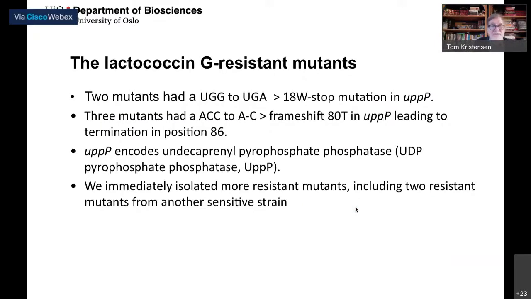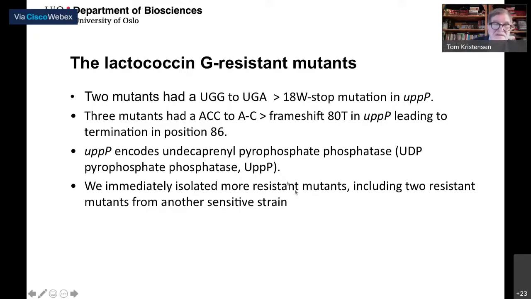But if we then looked at the mutants, we found the same 170 or so differences, but in addition, we found specific mutations which were common to all mutants.